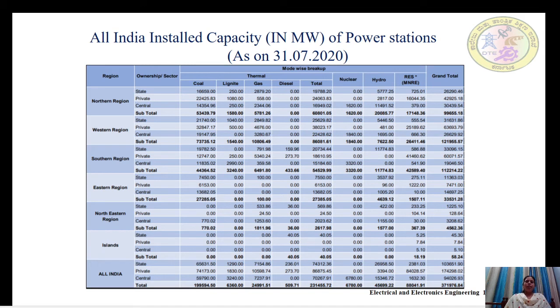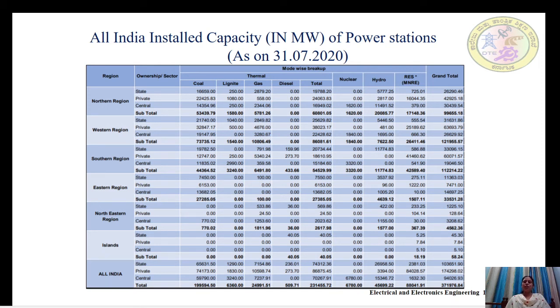31st/7/2020. Then about the coal, that is nothing but thermal power plant, it is around 20 lakhs megawatts. Coming to the nuclear, 6780 megawatts, hydro 45,699 megawatts.